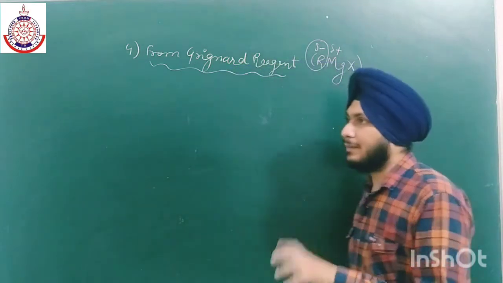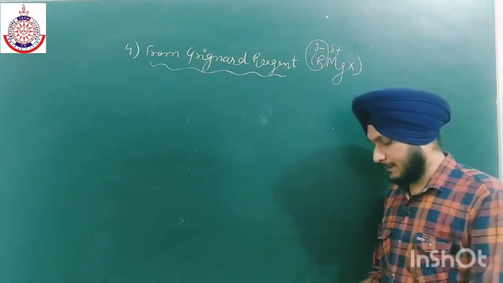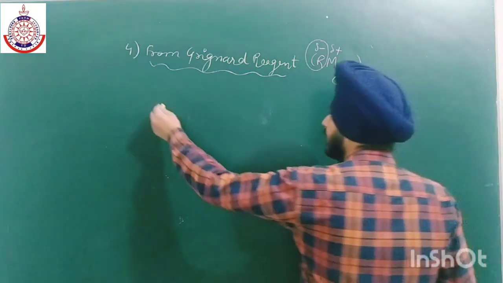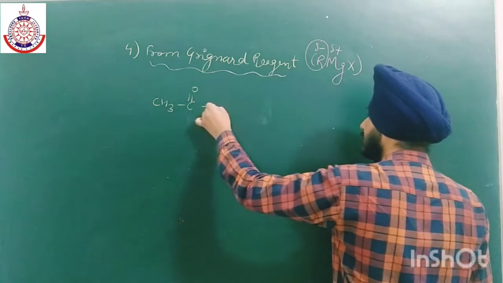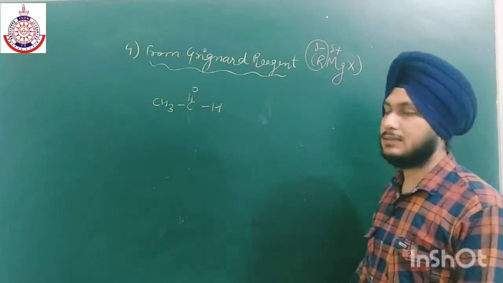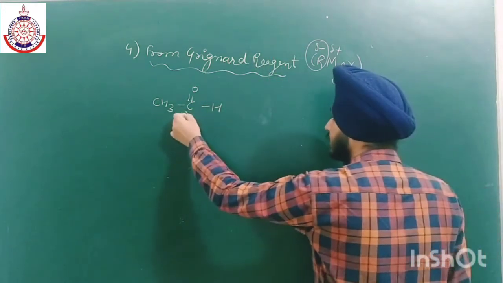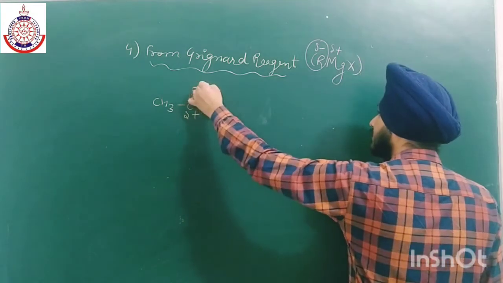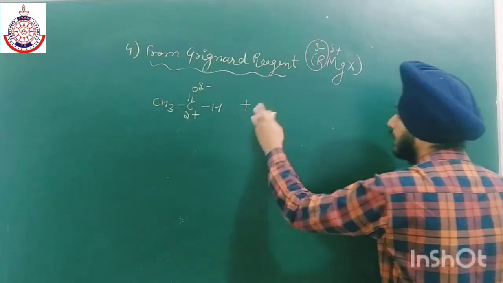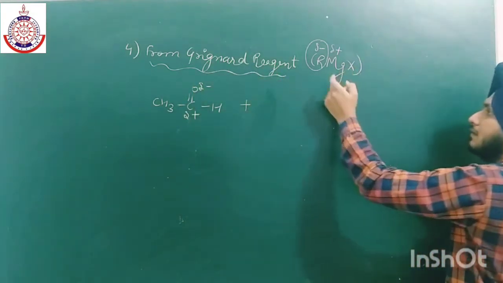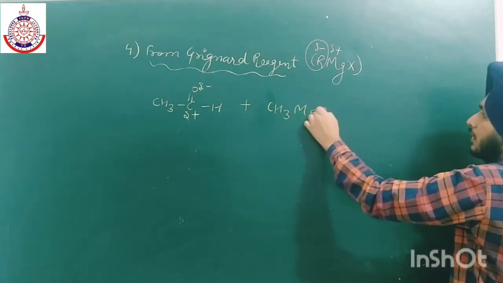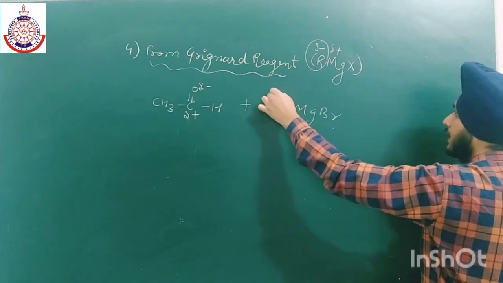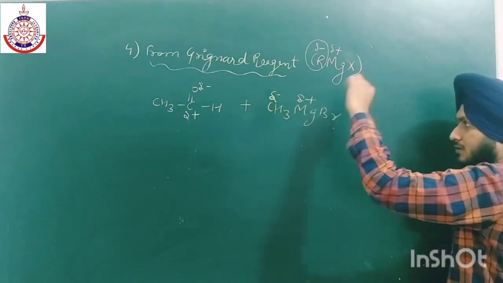So when this Grignard reagent reacts with any carbonyl compound, I am taking aldehyde first, CH3 C double bond O H. Due to electronegativity difference, here we have partial positive, partial negative, and we are adding a Grignard reagent like CH3MgBr. Partial negative charge over here, partial positive charge on the metal.